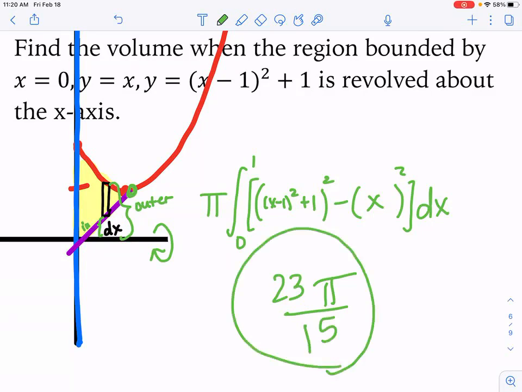Then we multiply it by pi. And now it's irrational, so don't try to make it a fraction after that. I want the rational number times pi.